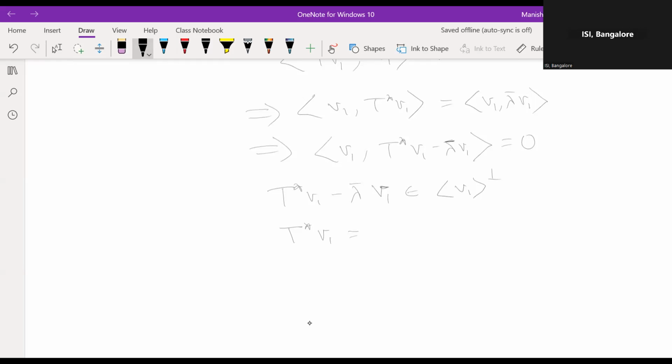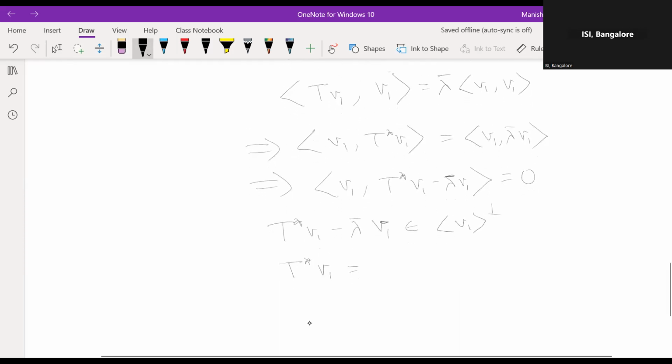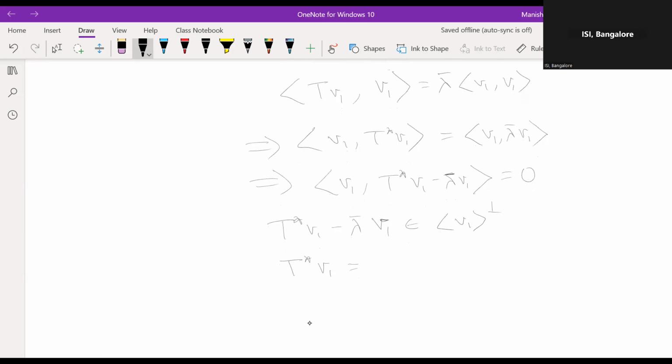It is an eigenvector with eigenvalue lambda bar is what I want to say. There's not much trickery involved. We haven't used the hypothesis so far.